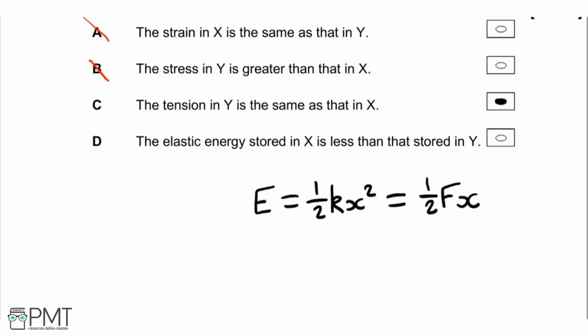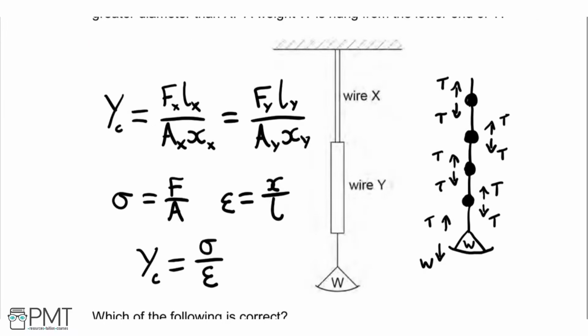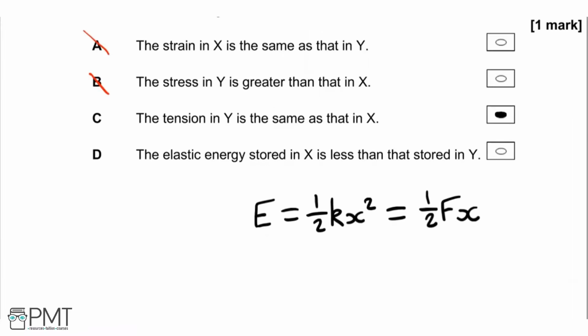Now, if the forces are both the same, what we can say is that actually where wire X has a larger strain, we would assume that it's got more extension. If it's got more extension, then there will be more elastic potential energy stored within it because it's proportional to the elastic potential energy. So actually, the elastic energy stored in X should be greater than the elastic energy stored in Y, so D is incorrect.